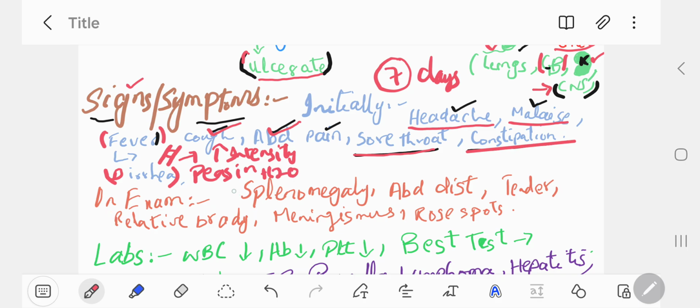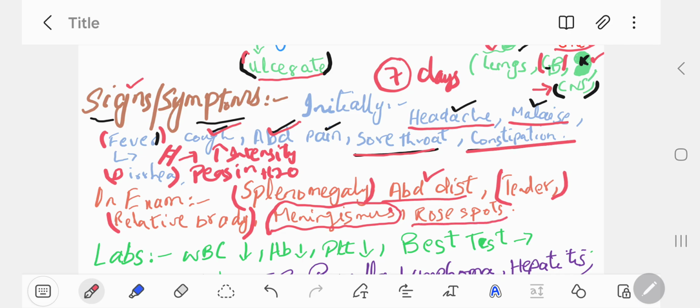On examination, you will observe splenomegaly, abdominal distension due to constipation, and tenderness in the abdomen. The heart rate is slower, which is known as relative bradycardia. There is meningismus, that is signs of meningeal irritability like neck stiffness, and you can also find Kernig's and Brudzinski's signs.